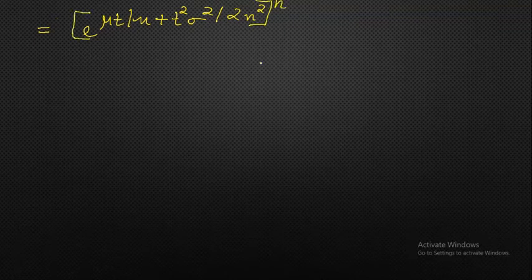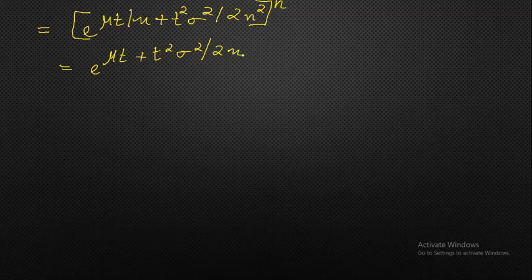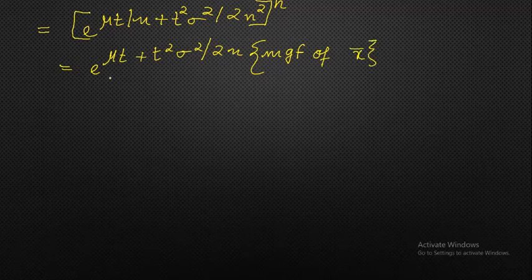This is equal to e raised to mu t plus t square sigma square by 2n. This is the MGF of x bar.